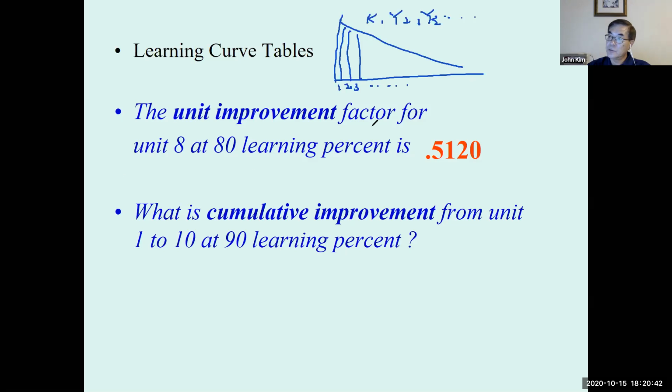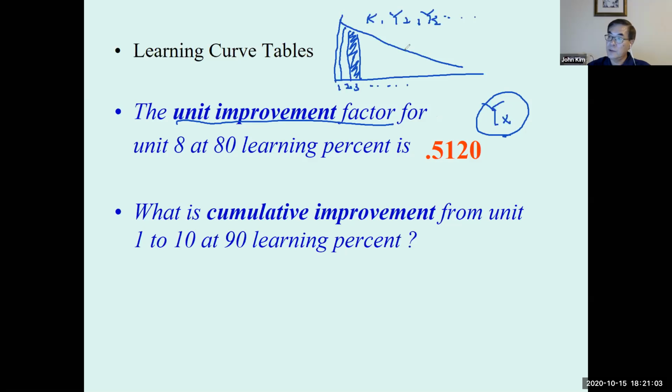When we find Y of X, one unit's cost or time, we use the unit improvement factor. That is only one.